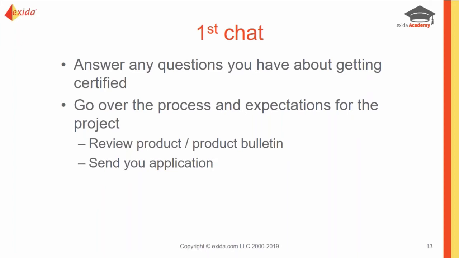Sometimes I do this over the phone, sometimes I do it over email, but next I'll get the information from our application. I could send you the application, or I could just get the information from you. But we're going to ask you questions like, is this one product or multiple products or a family? Does this product have internal diagnostics?